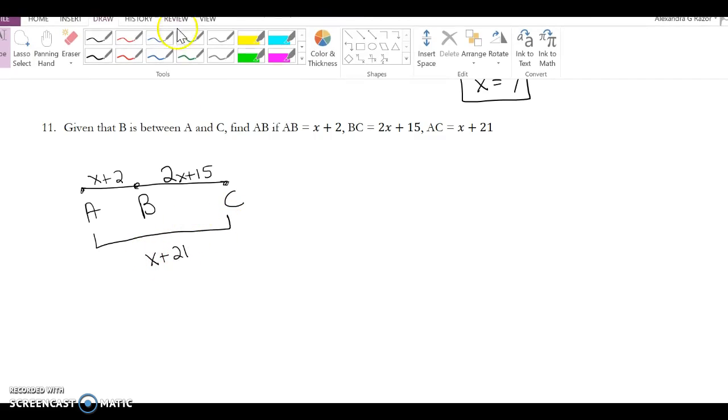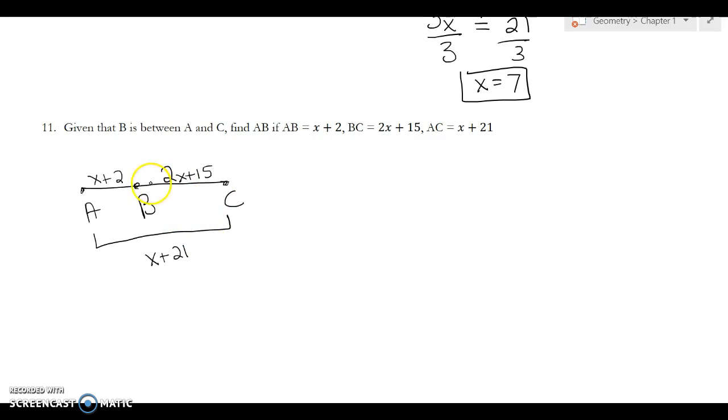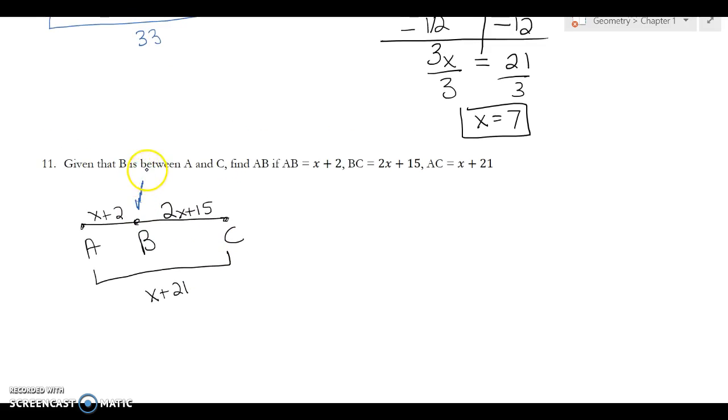Well, same idea. One small piece plus the other small piece equals the whole thing. And so my first small piece was x plus 2 plus my second small piece, which is 2x plus 15, equals the whole thing, which is x plus 21. I draw my line down and I start solving my problem.